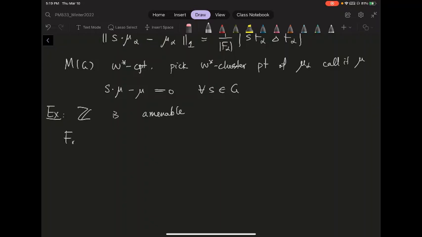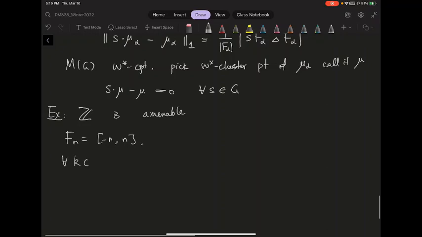If you consider F_n to be all the integers from negative n to positive n, and you think about every fixed k inside the integers, you consider the translation of F_n by k, so k plus F_n, and you take the set difference with F_n.